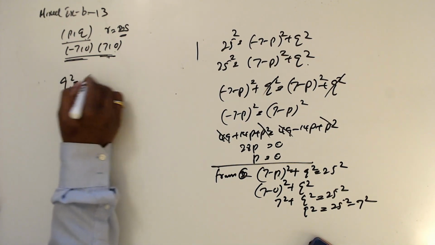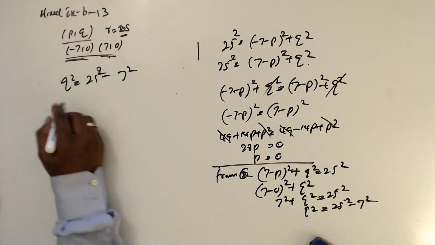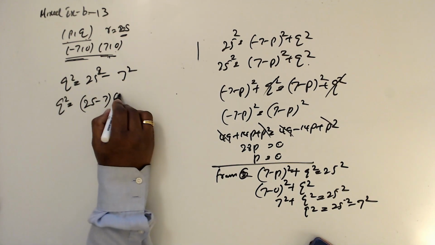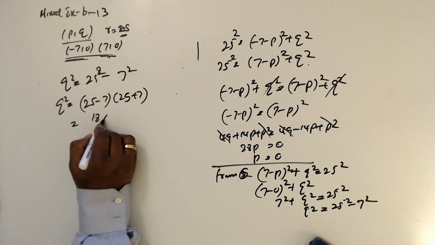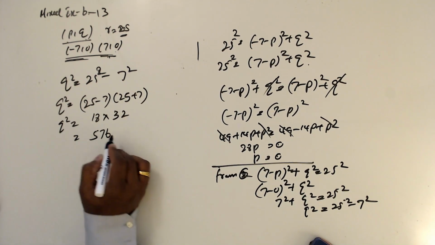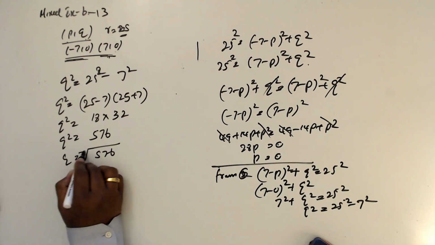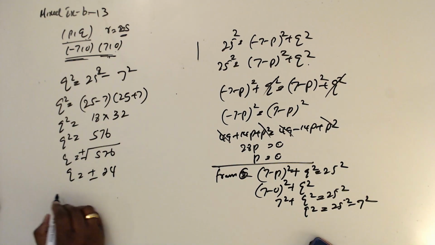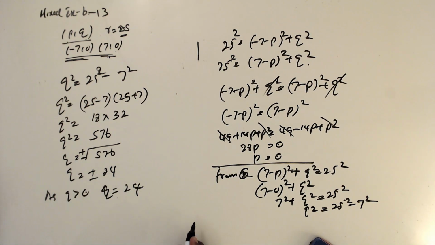Now I'll rewrite it: this is a difference of squares, 25 minus 7 and 25 plus 7. This is going to be 18 and this is going to be 32. So this is going to be 576. So q equals plus or minus the square root of 576, which is plus or minus 24. As q is greater than 0, q equals 24.